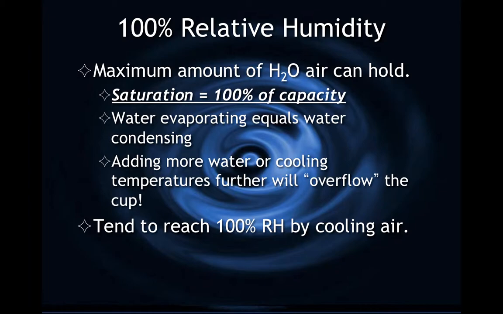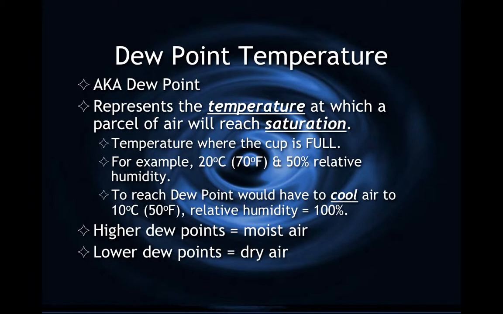And so if it's cooled, and we tend to reach that point of 100% relative humidity by cooling air, we call that the dew point temperature. And so the dew point temperature is what the meteorologists will use, because that helps communicate how much water's in the air.